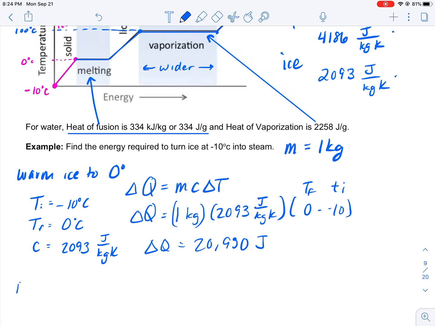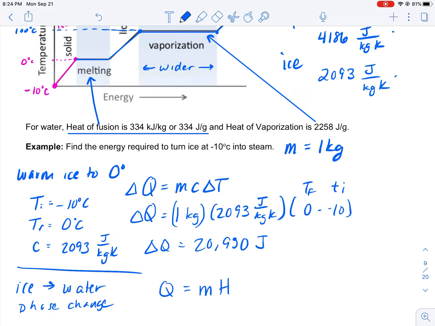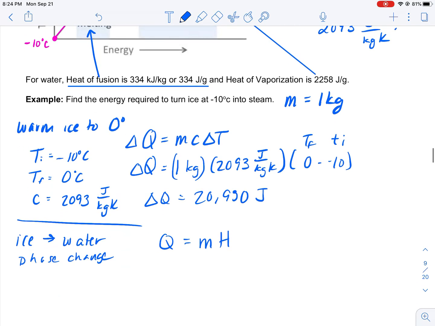Okay. Then I have to change the ice to water, and that's a phase change. And when I do a phase change, that's going to be my latent heat. So latent heat, the heat required to do a phase change, is just M, the mass, times the heat of fusion. And the mass of the substance is just 1 kilogram.